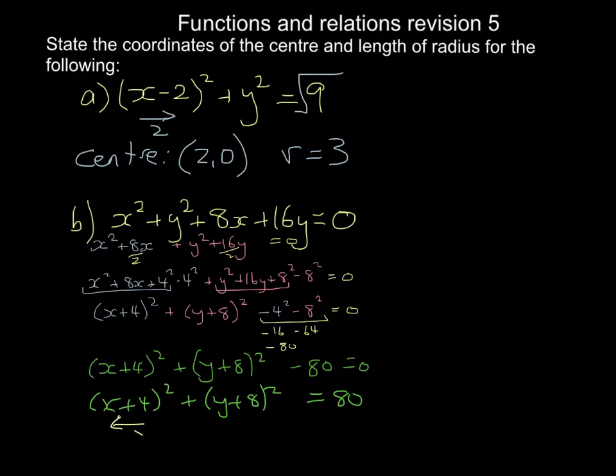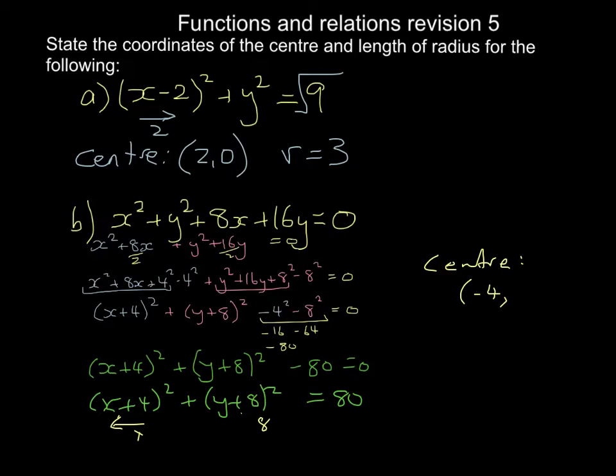So for the centre of this graph, the x coordinates will be shifted to the left by 4, and the y coordinate will be shifted up by 8. So the centre for this one will be at negative 4, and no, that doesn't get shifted up, my mistake. Go the opposite direction.